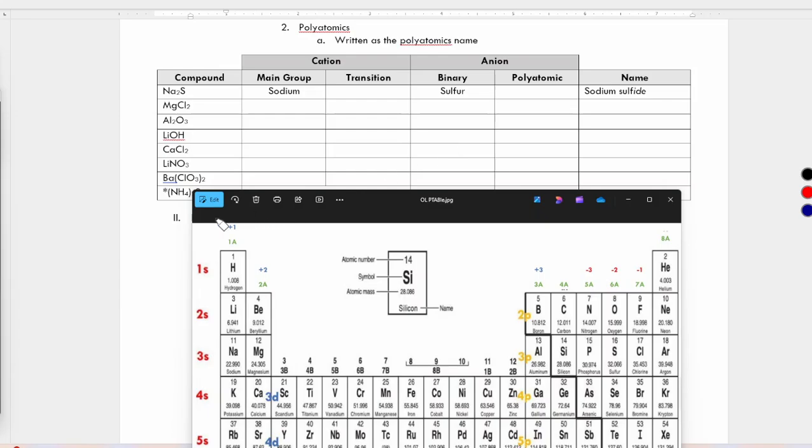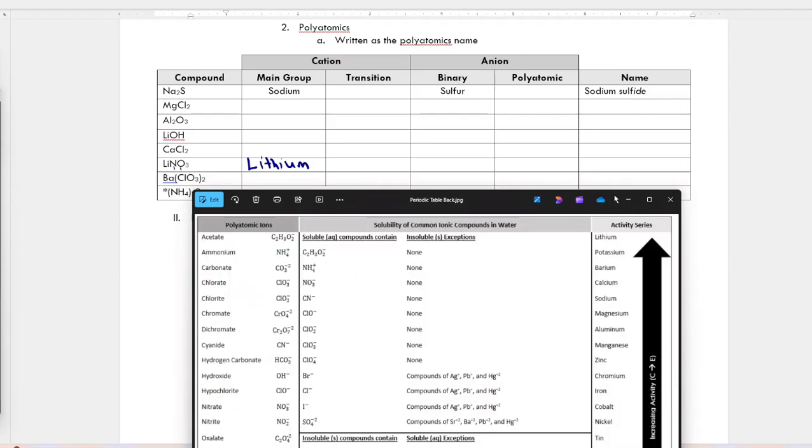Okay, let's move on. So here, again, I've got Li. I know I've already seen that's lithium, and it's a main group metal. But then here I have NO. Remember, if there's multiple capital letters, that's multiple elements. So I know for sure that is a polyatomic ion. So I have to go find it. I have to be sure to get the right one, because that says NO3. Let's look.